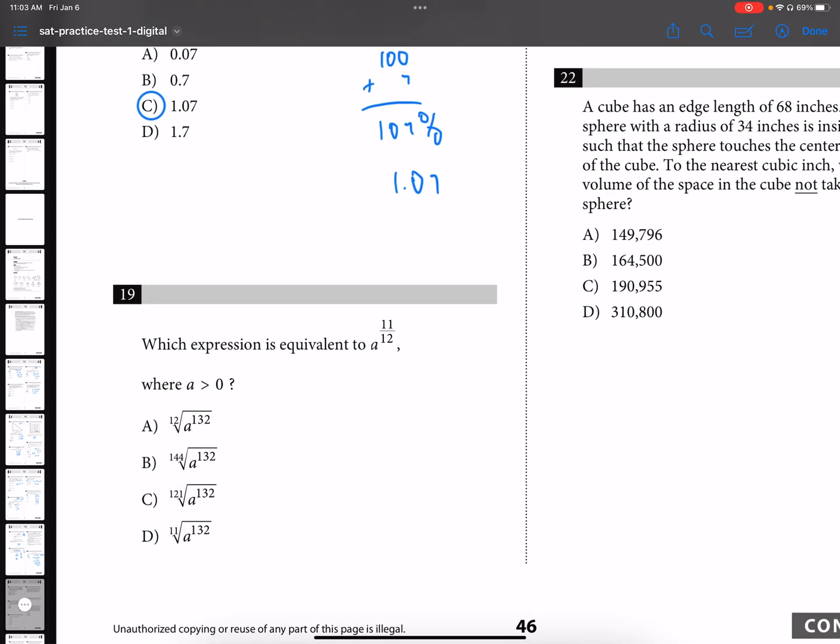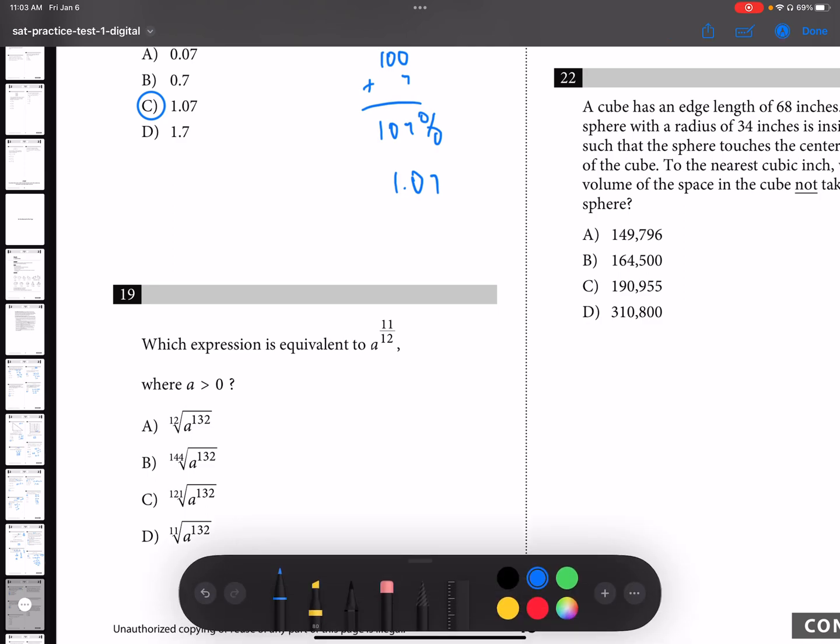Okay, number 19, which expression is equivalent to a to the 11 over 12, where a is greater than 0? So first we have our denominator as 12. I know you're going to say that because we take the 12 to the other side, we're going to get the 12th root of a to the power 11. But because 12 in this case is the denominator, 12 by 12 is equal to 1.